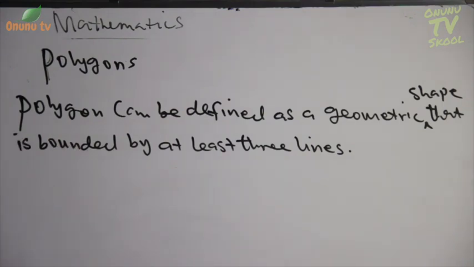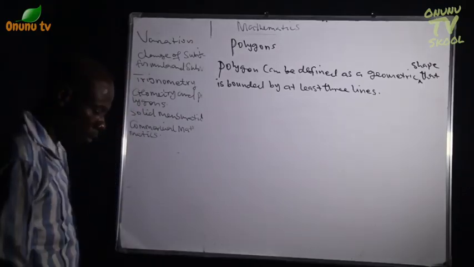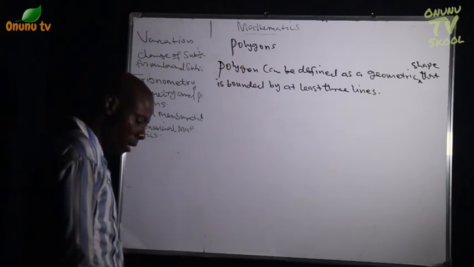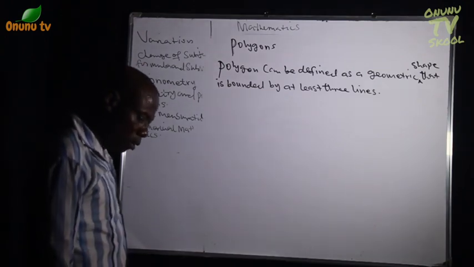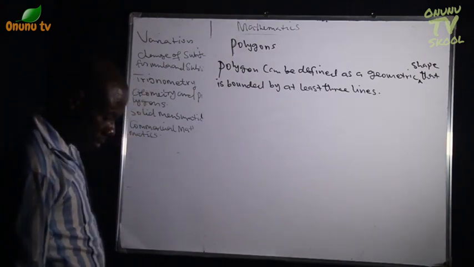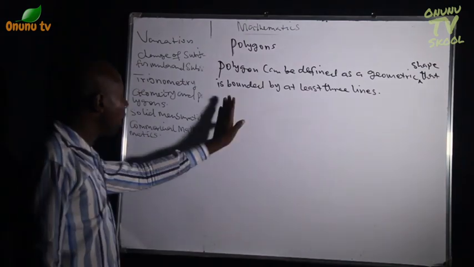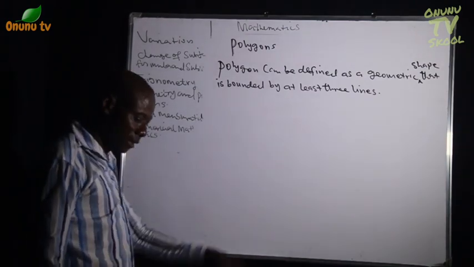Now, we have types of polygon. We have a regular polygon. It's a polygon in which all the sides are equal and all the angles are equal. Then we have also a convex polygon. It's a polygon in which none of the interior angles is more than 180 degrees.